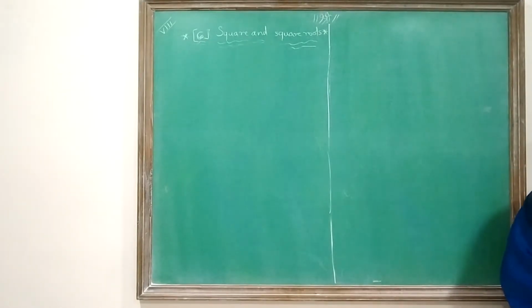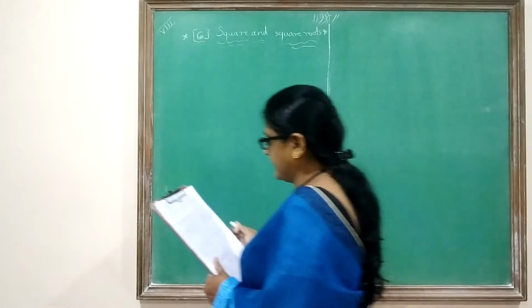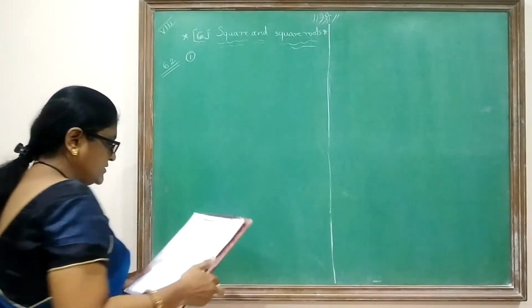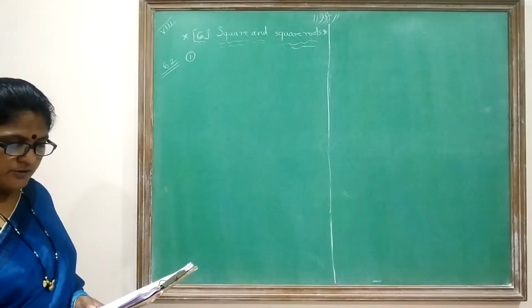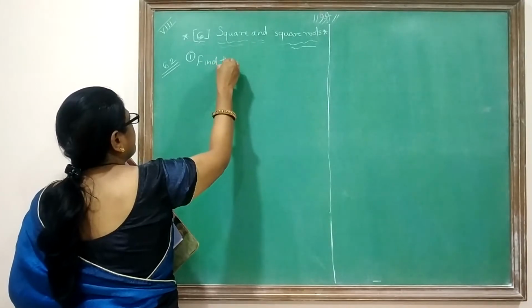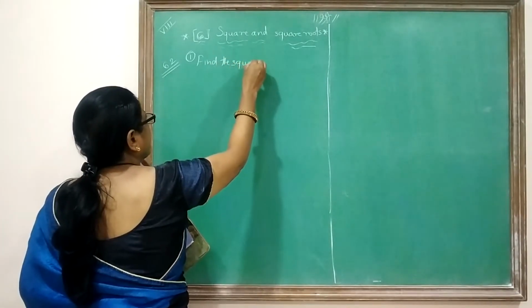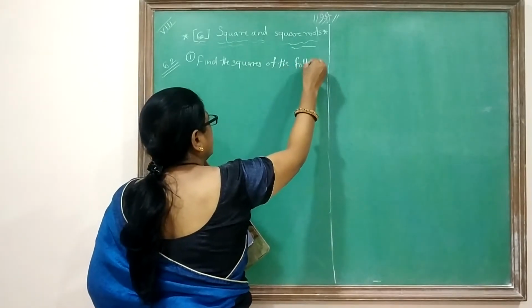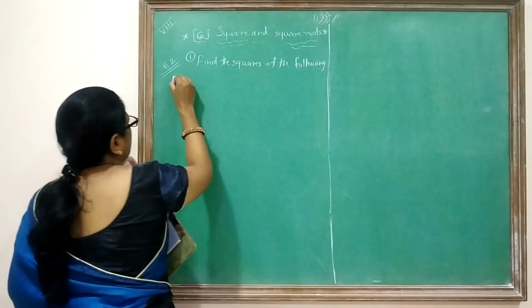Then exercise 6.2. Your first question is: find the square of the following numbers.